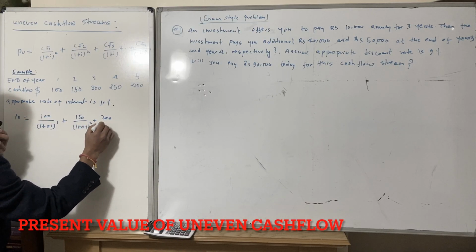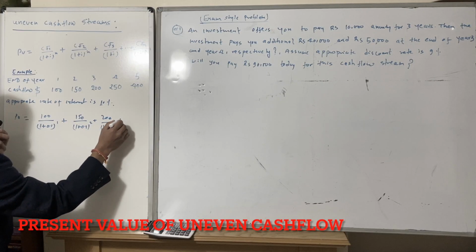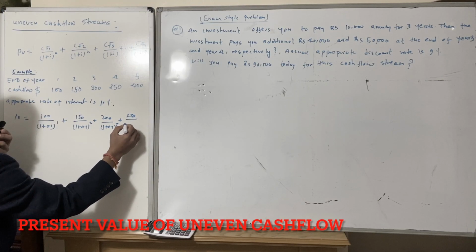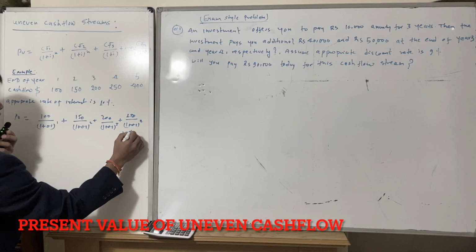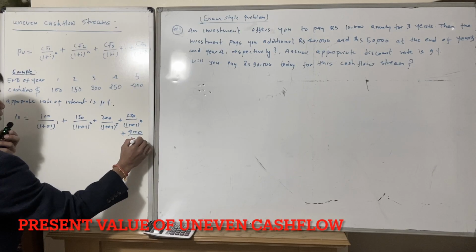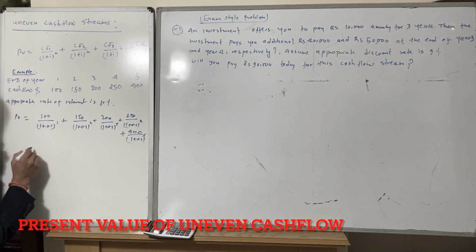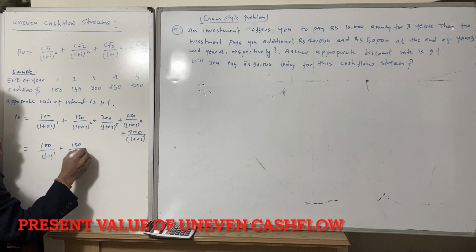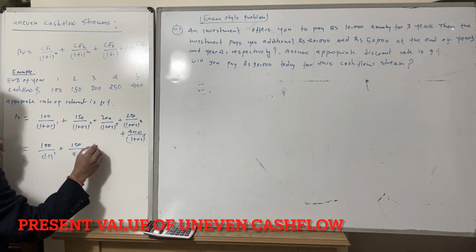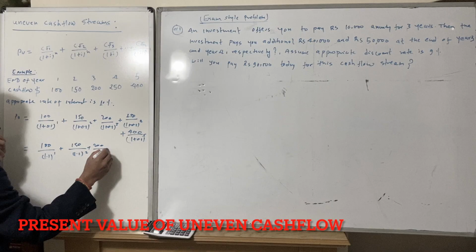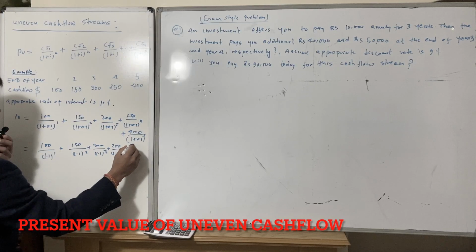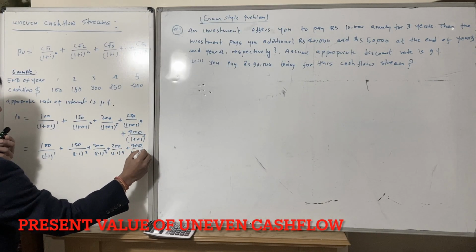Cash flow 3 is 200, power 3. Then 250 at year 4, and year 5 is 400, with 1.1 to the power 5. So it is 100 over 1.1 power 1, plus 150 over 1.1 power 2, plus 200 over 1.1 power 3, plus 250 over 1.1 power 4, plus 400 over 1.1 power 5.